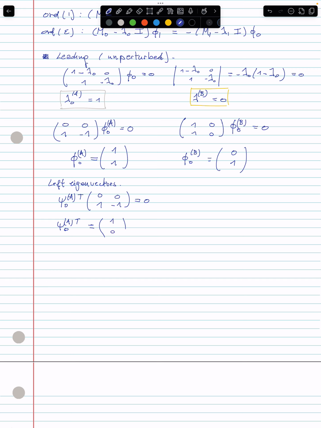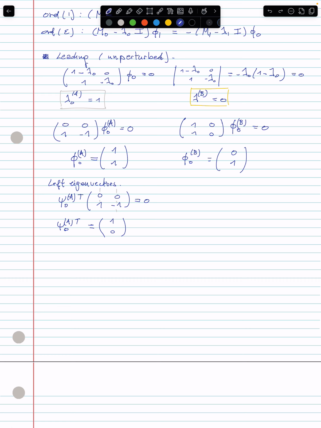All right, so use whichever column you want in this case. The two columns provide the same information, so use, for instance, the first column here, and you see that 1, 0 transposed times 0, 1 is indeed equal to 0. Or seen differently, these are two orthogonal vectors.